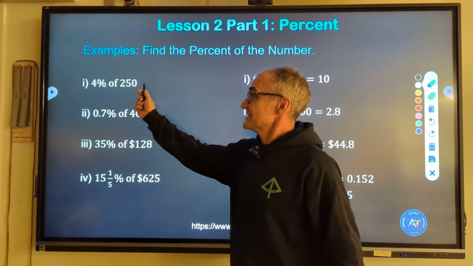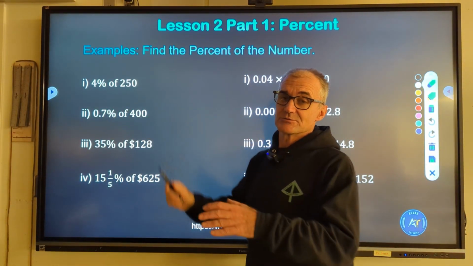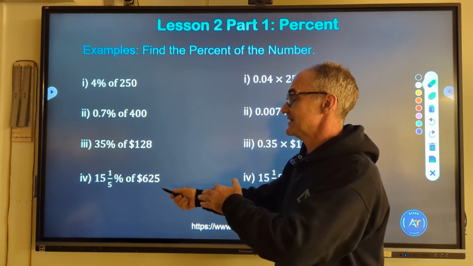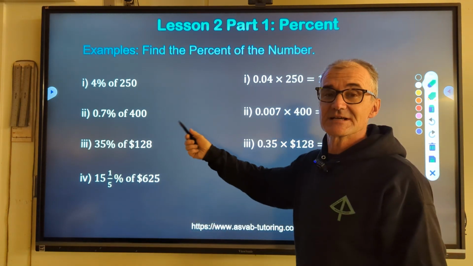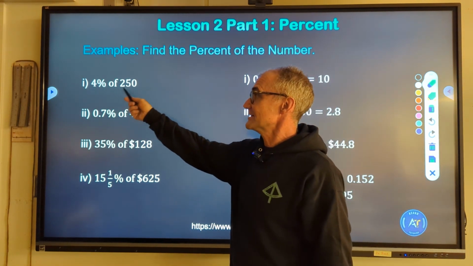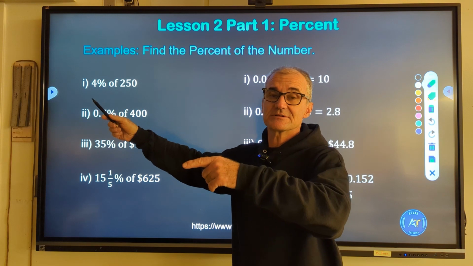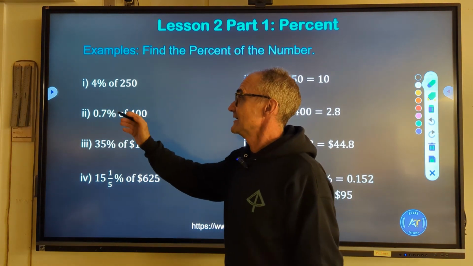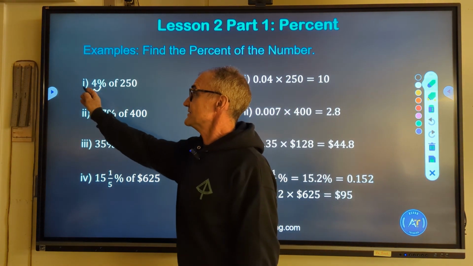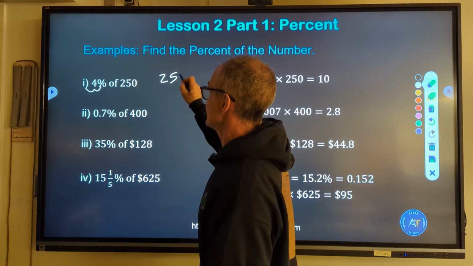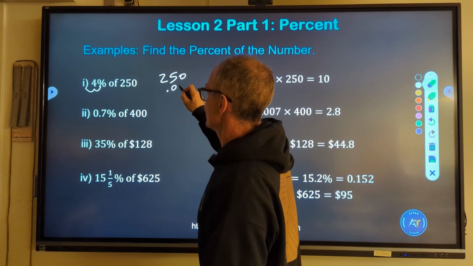Okay, 4% of 250. So now what we're doing is multiplying percents by whole numbers, by fractions, and by dollar amounts. The first thing I have to do to multiply a percent by a number is take that 4% and go over that first skill we learned, conversion to a decimal. At 4, I go over 1, 2, and I get 0.04. So I have 250 times 0.04.